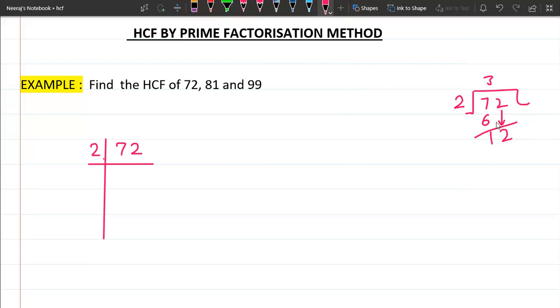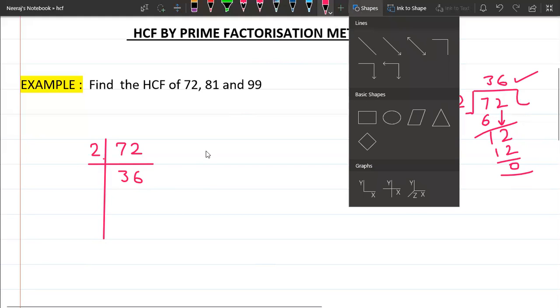Bringing down the 2, 2 6s are 12, so the remainder is 0. The quotient is 36. You have to check like this: 2 36s are 72. And the quotient you have to write down below 72.